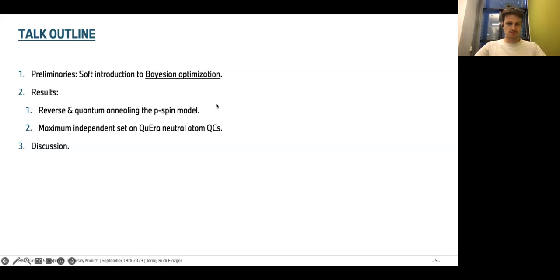One of them is the piston model, of which we mostly perform numerical simulations. And then I have some numerical simulations and actual experimental data on neutral atom quantum computers to solve the maximum independent set problem. Right. So let's get right into it.